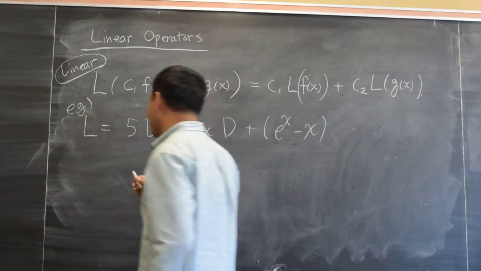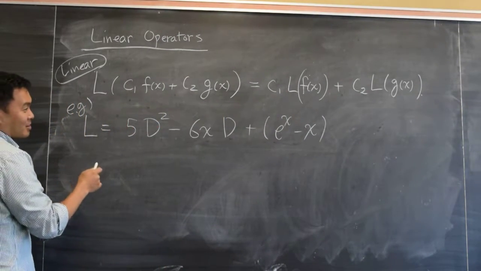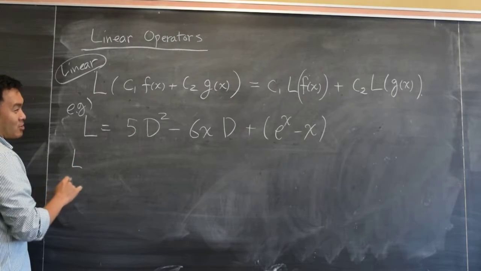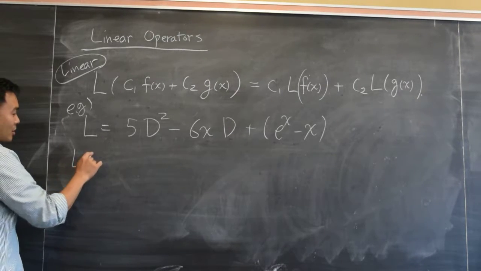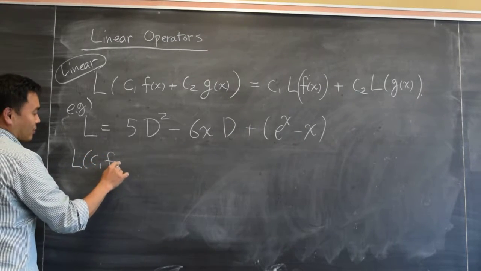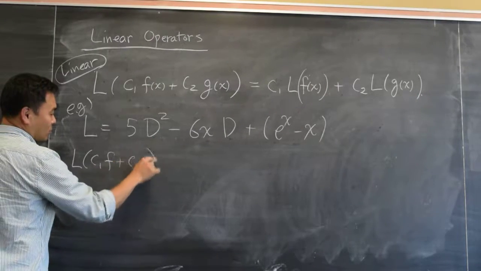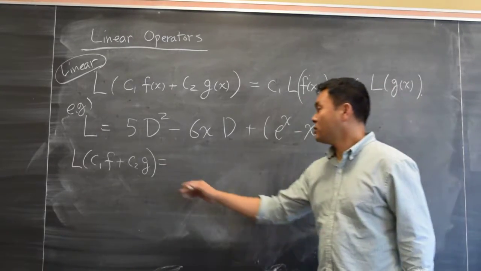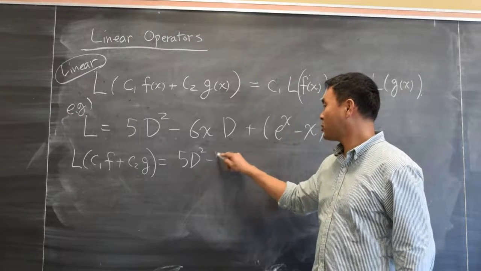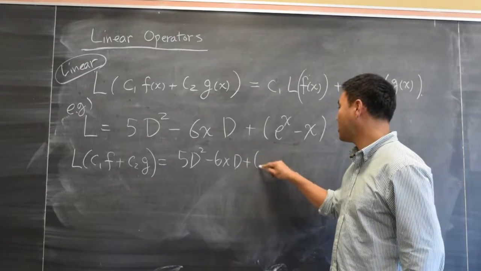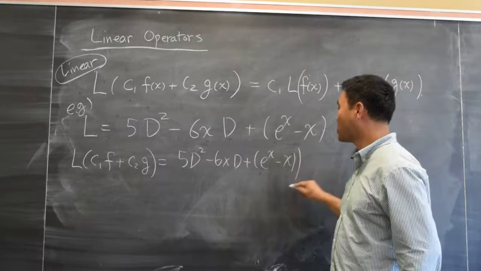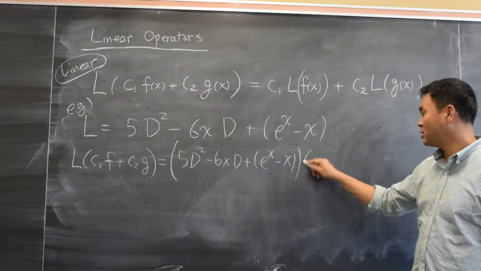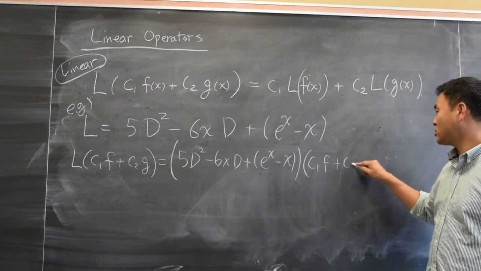Just to see that it does work, let's try it. I think this is too complicated for a simple example, but I can't go back and change. All right, let's try this one. L applied to C1 f plus C2 g. What does that give us? This is 5D squared minus 6xD plus e to the x minus x. That's what I claimed my L to be.